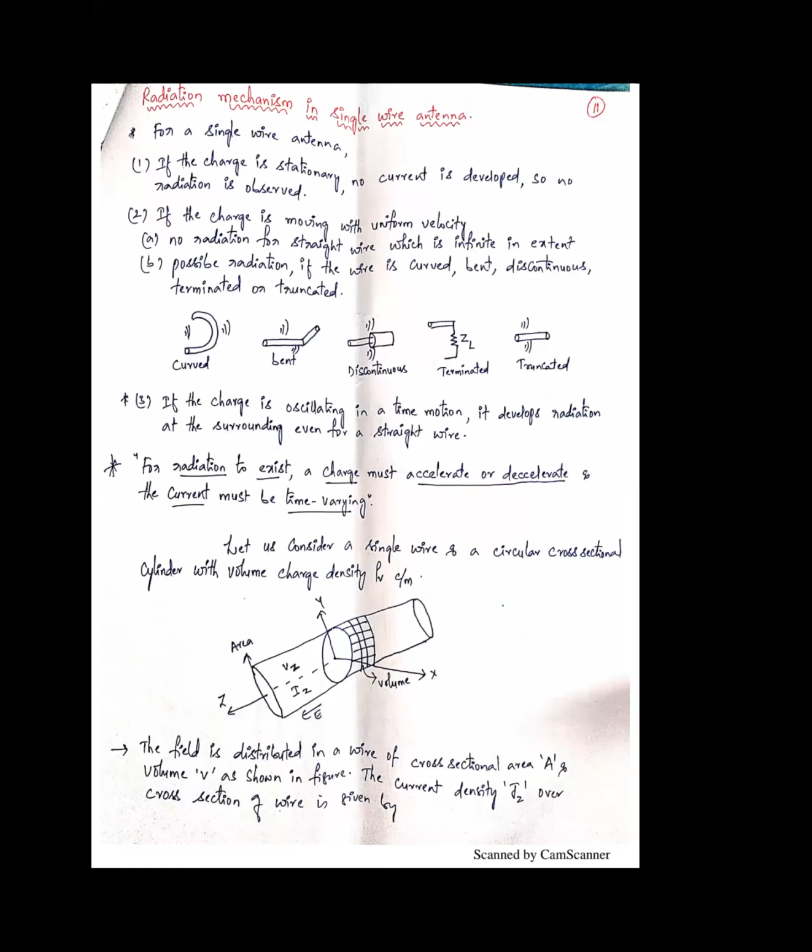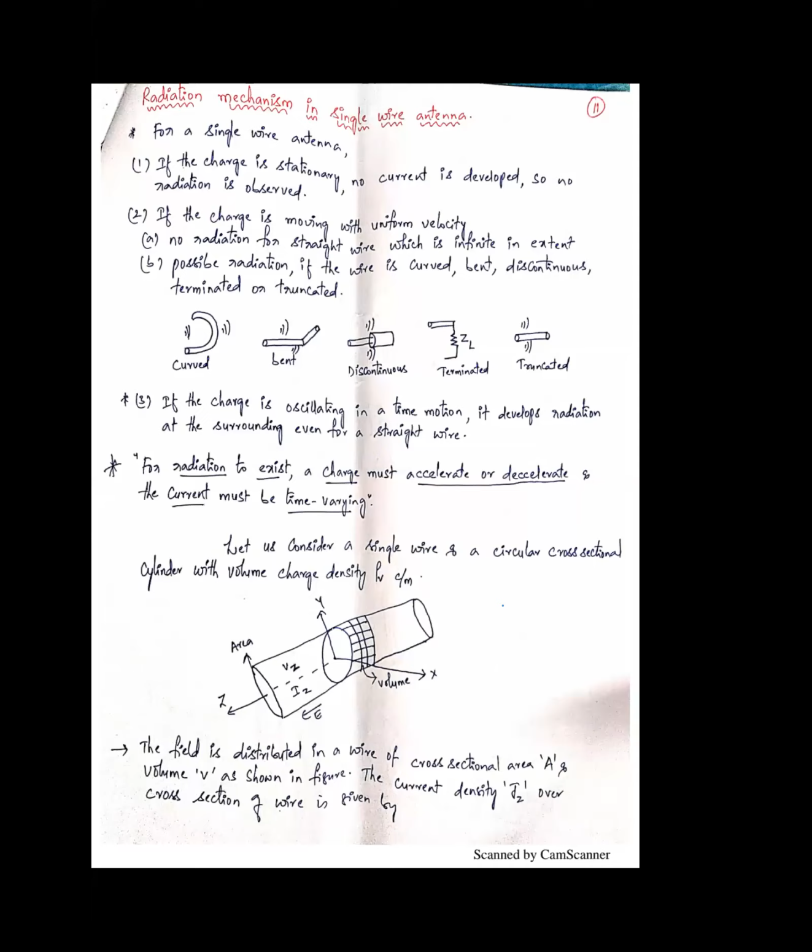Now I will consider two cases within this. In the second case, with uniform velocity, radiation is not possible for a wire which is infinitely long. I repeat, now charge is moving, but there is no radiation for a wire which is straight and infinitely long.